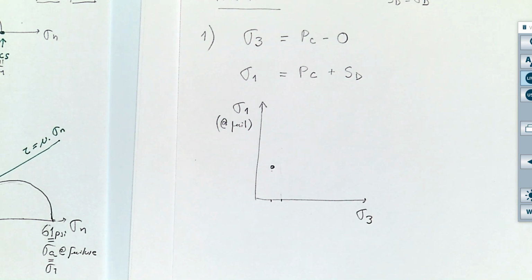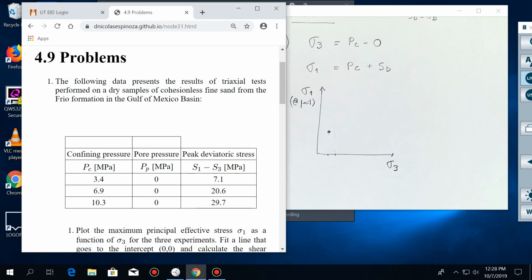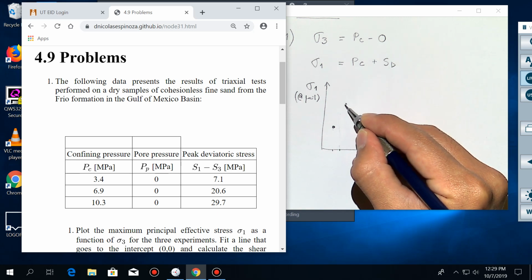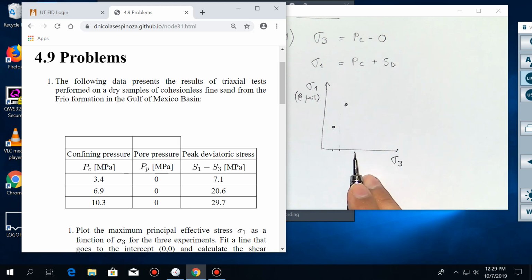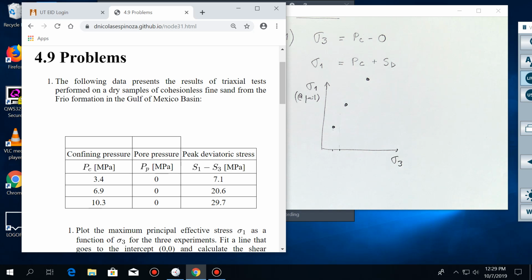Each of those rows here is one experiment, so there are 3 different experiments. The first one, let's say PC 3.4, is going to give you, when you compute sigma 1, a value somewhere over here. You go to the next one, which is almost double that pressure, and it's going to be some other value over here. And the next one will probably be some other point over there.